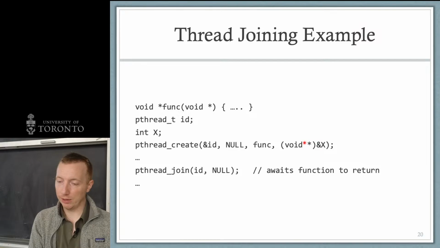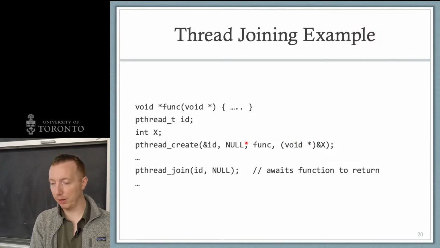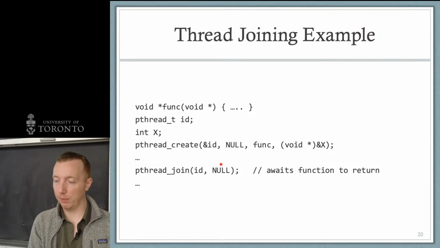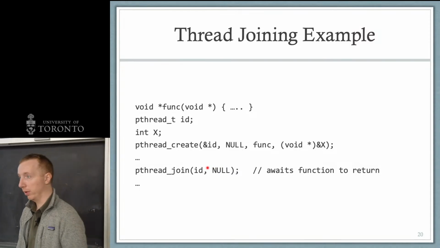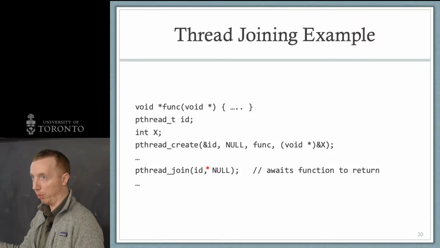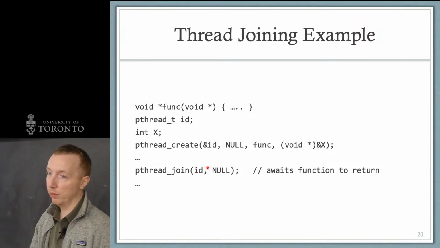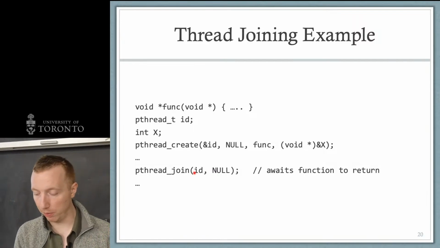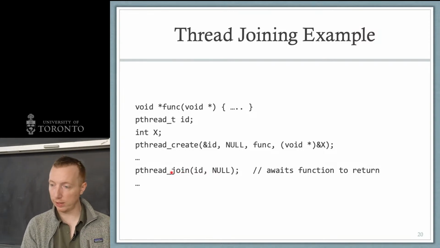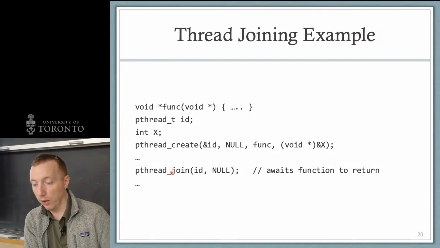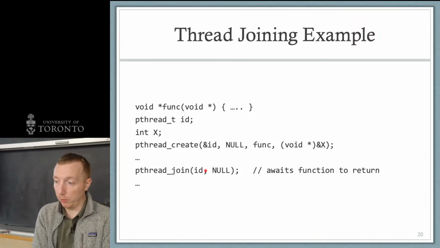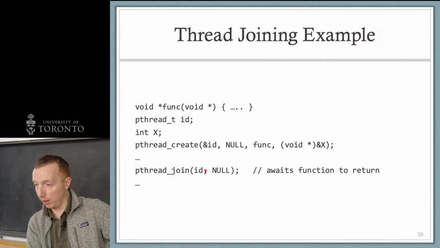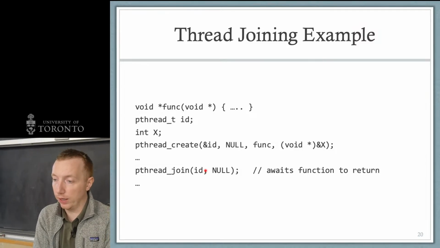It gives it the address of x, it does something with it, and then the main thread joins it. Join is essentially the same as wait for processes. It will wait for that thread to terminate before it returns and continues on its merry way. So we'll know that the thread specified by ID has been terminated. It is not a zombie thread. It has been cleaned up and all that good stuff.